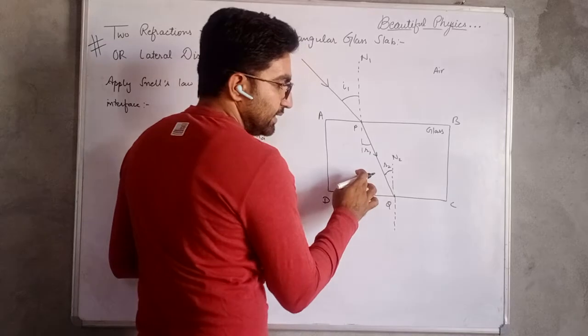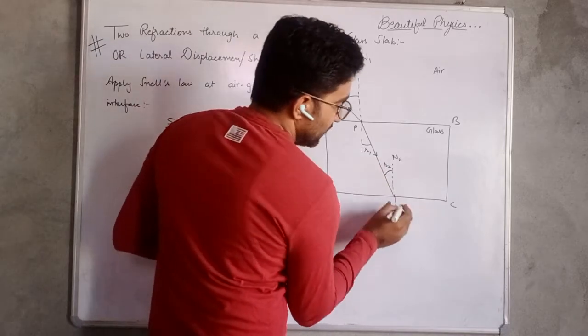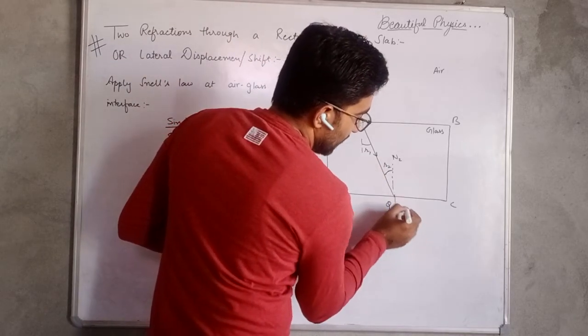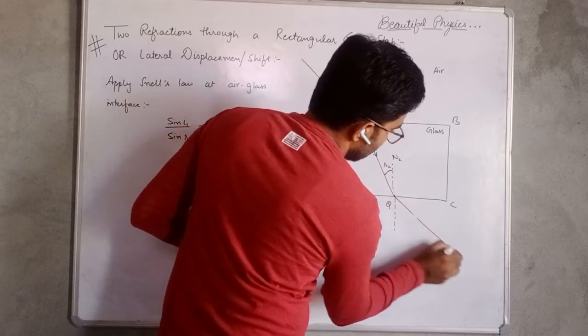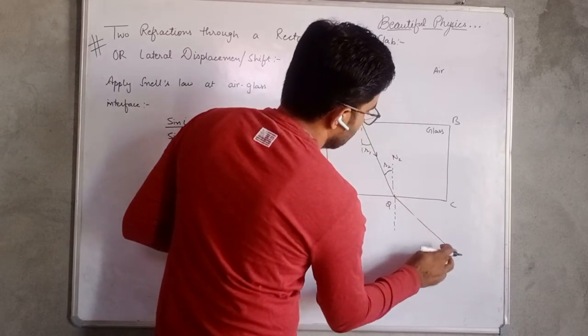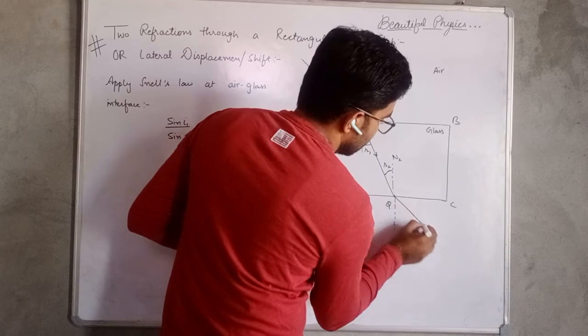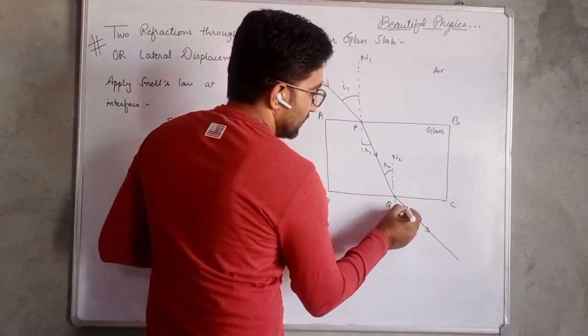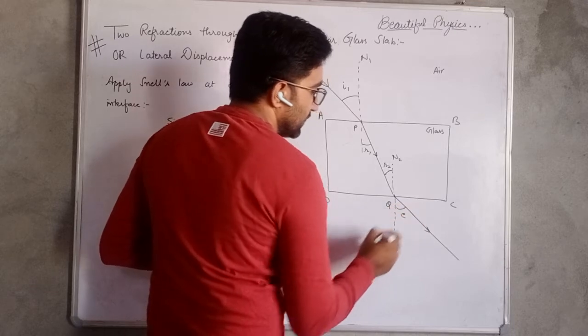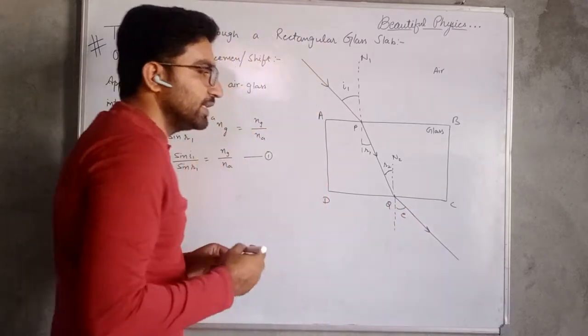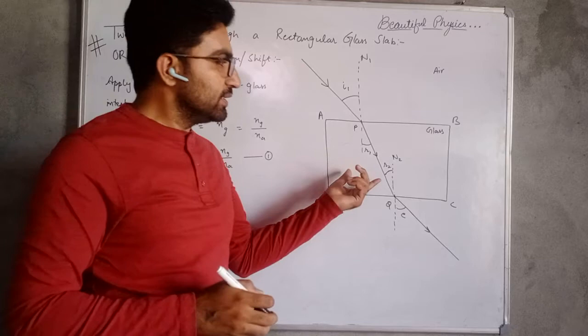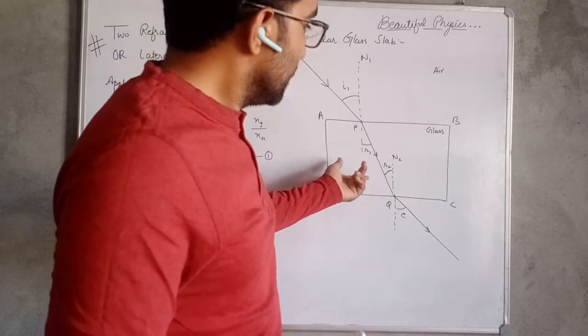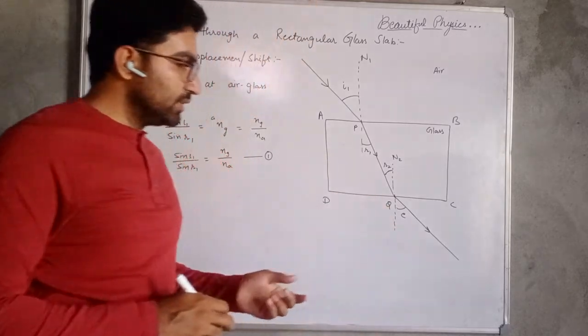As light is going from denser medium to rarer medium, it will go away from the normal. It will move away from the normal. Okay, so this is our angle of emergence. It is the angle of emergence because the light is emerging out from the denser medium to the rarer medium.